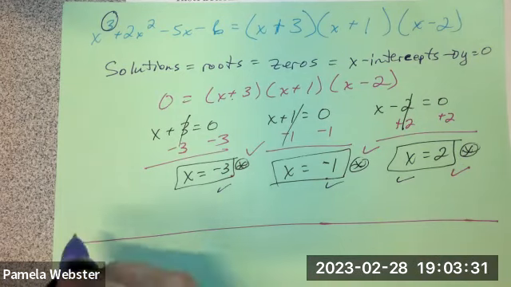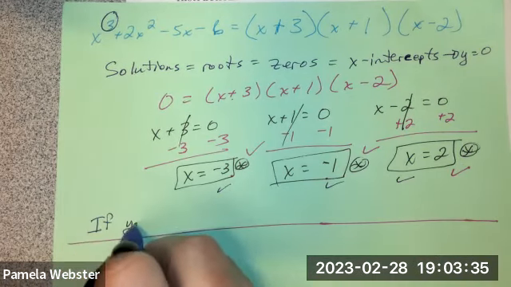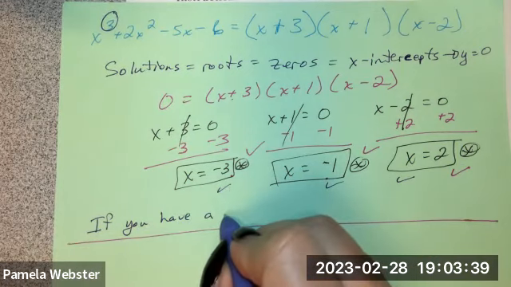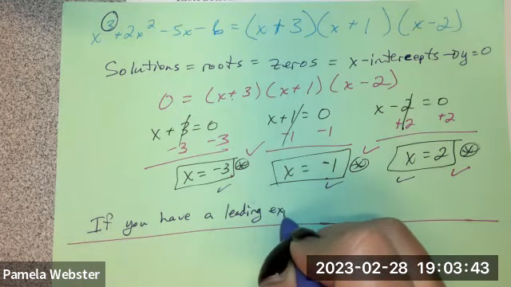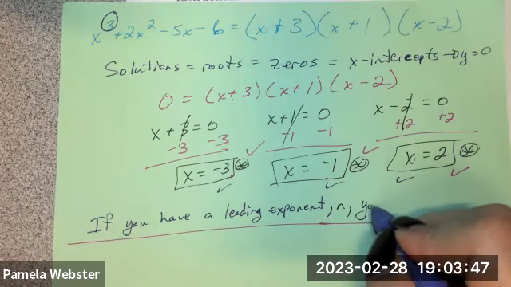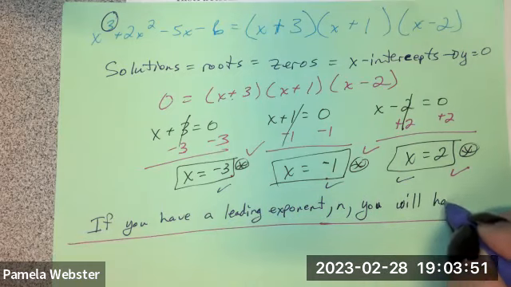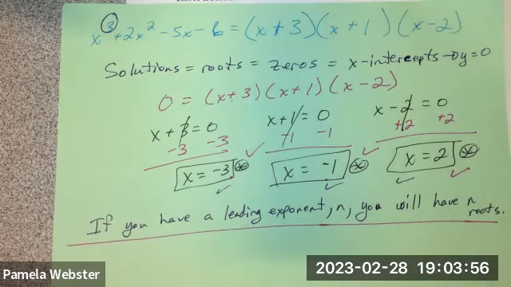So in general, if you have a leading exponent n, you will have n roots.